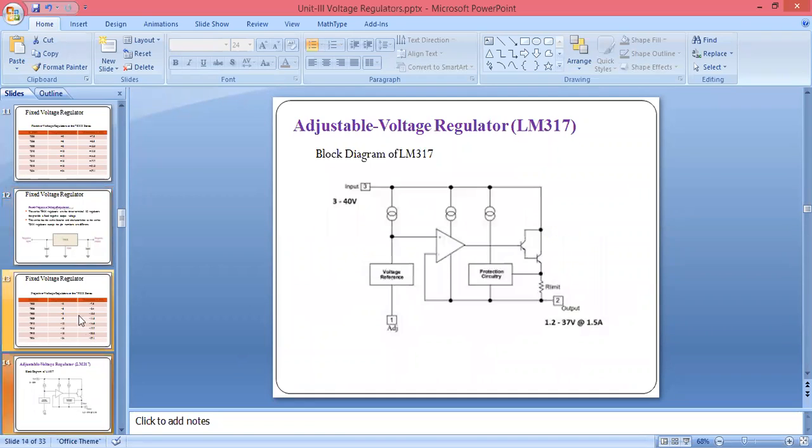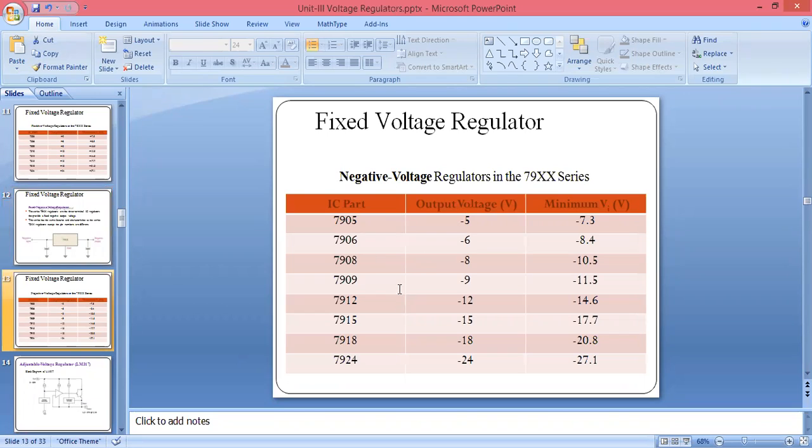There are different ICs available in the market from 7905 up to 7924, which will give negative output voltage from minus 5 to minus 24. If you are using 7918, it will only give minus 18 volt at the output, that will be fixed.